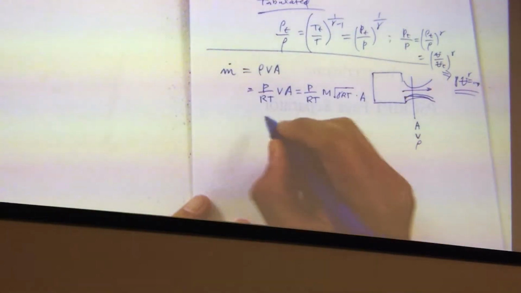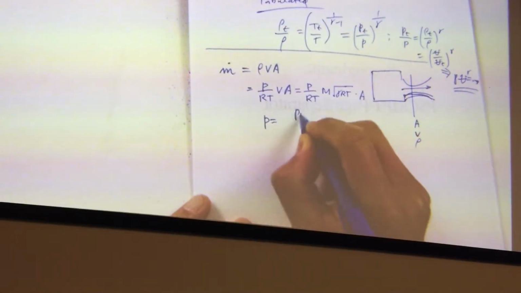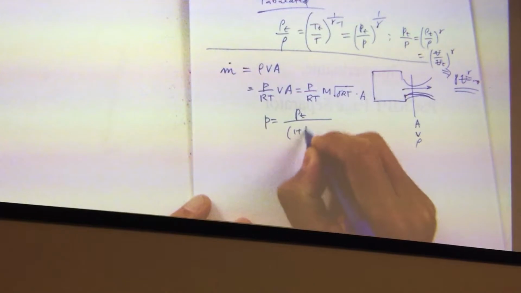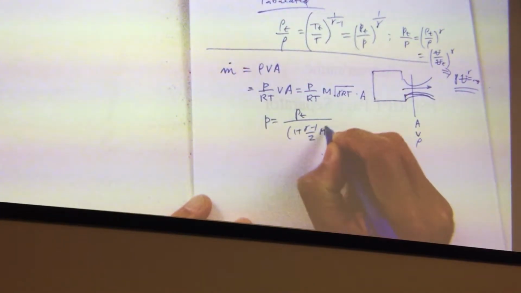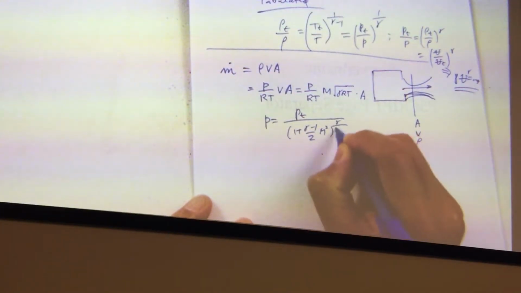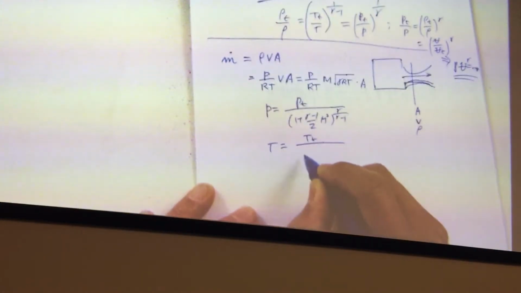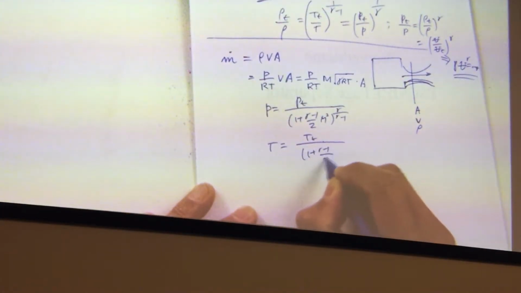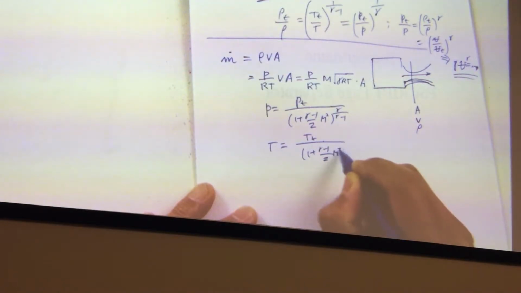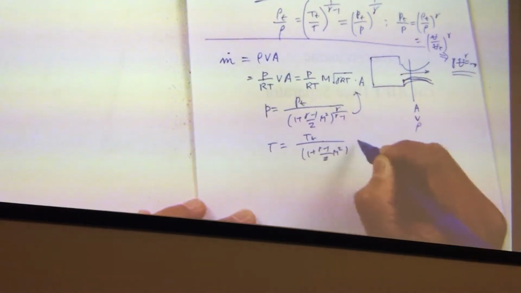Now, P is equal to P_T divided by 1 plus gamma minus 1 over 2 M squared to the power of gamma over gamma minus 1. T is equal to T_T divided by 1 plus gamma minus 1 over 2 M squared. I just plug this in there.